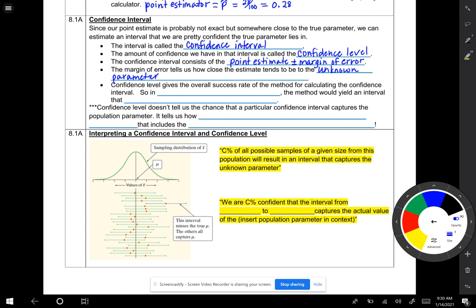In repeated random sampling, the confidence level gives the overall success rate of the method for calculating the confidence interval. So in C% of all possible samples, the method would yield an interval that captures the true parameter.